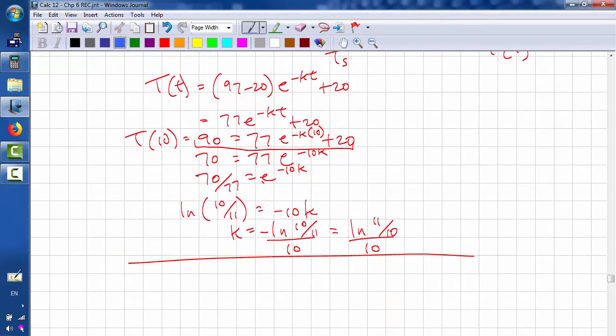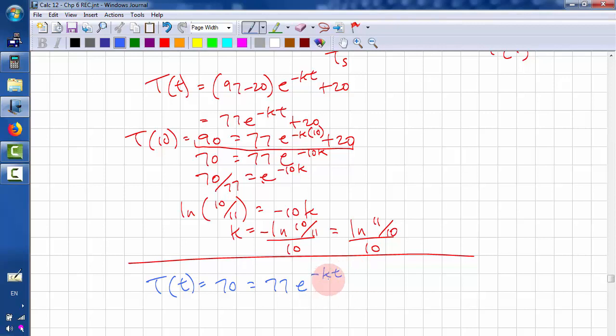That's our setup. Now we can actually solve our problem. T(t) equals, we're looking for 70 degrees. Please don't confuse this 70 with that 70. Equals 77, we can start off from here, e to the minus kt.